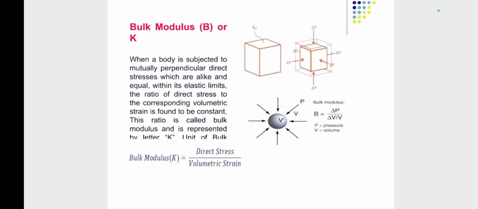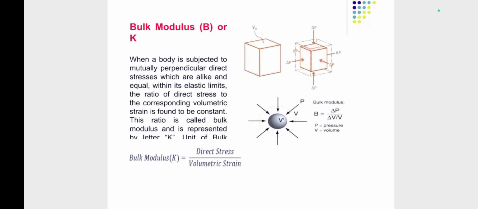Next terminology is bulk modulus. One example is shown. When a body is subjected to mutually perpendicular direct stresses which are alike and equal within its elastic limit, the ratio of direct stress to the corresponding volumetric strain is found to be constant, and that is known as bulk modulus of elasticity.